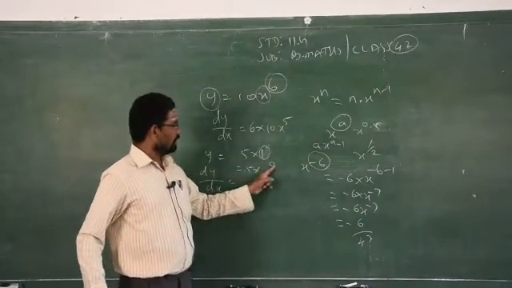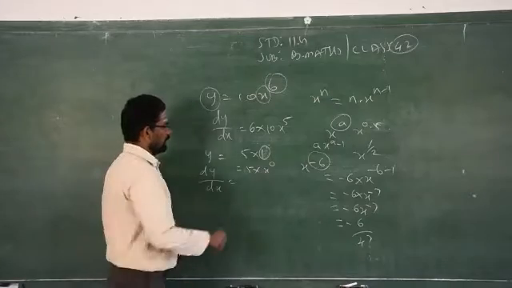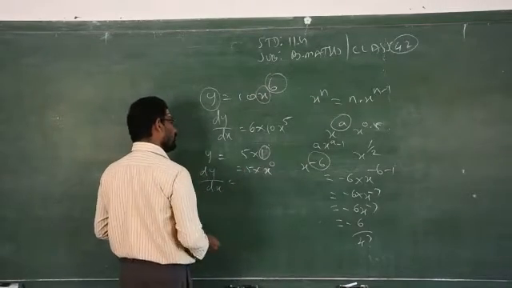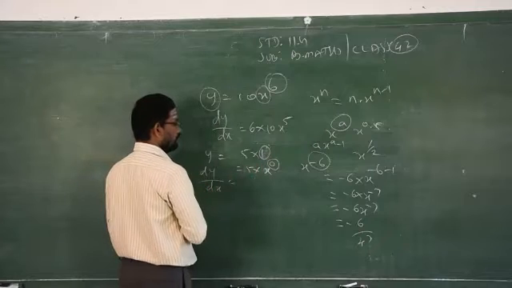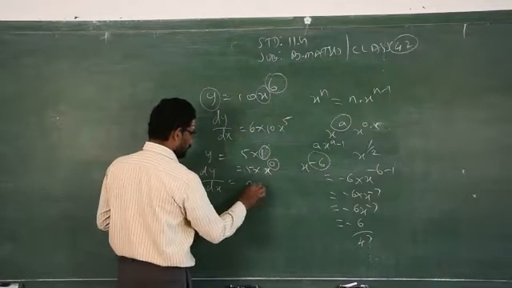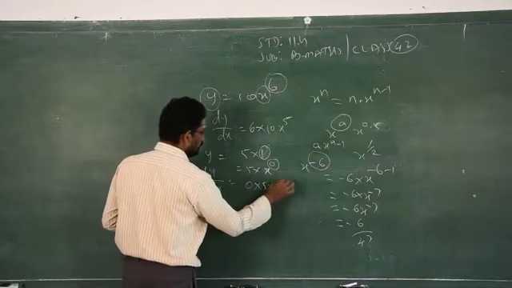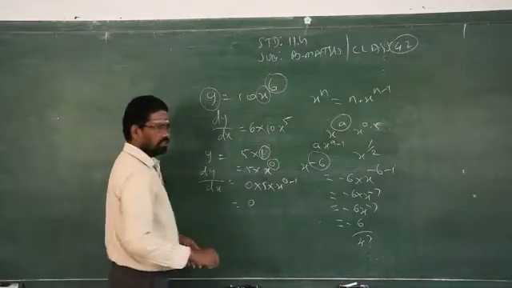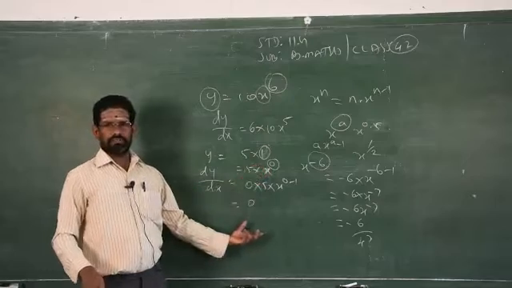Based on that concept, I can rewrite 1 as x power 0. Now you differentiate. The power of the variable x should be the multiplier, so 0 into 5 into x power 0 minus 1. 0 into anything is always 0. So this is the process.